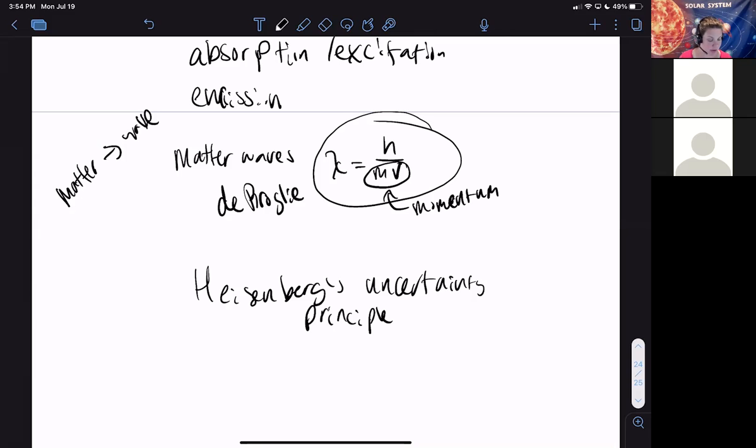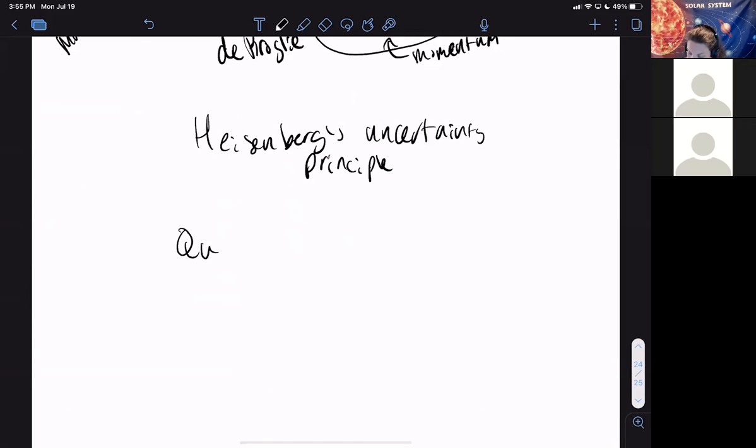There is an uncertainty with the position once you have the energy. All of these, matter waves, Heisenberg's uncertainty principle, the information that they determined from the photoelectric effect, black body radiation and line spectra, all of this led to the idea of quantum mechanics. And it's essentially treating an electron like a wave.